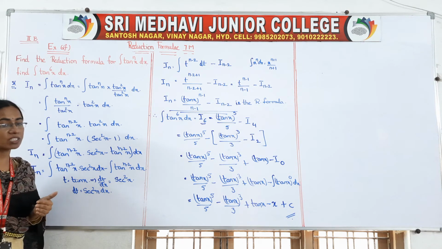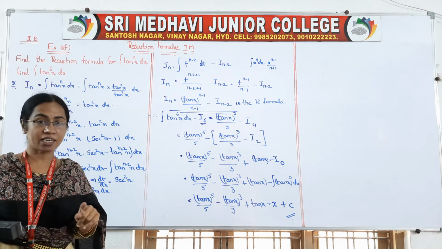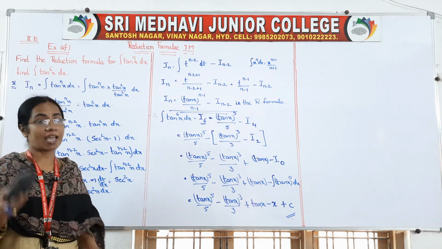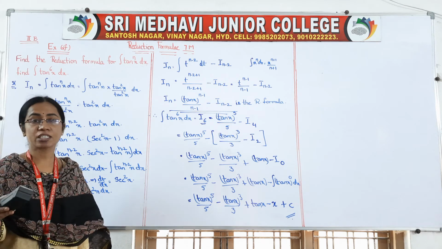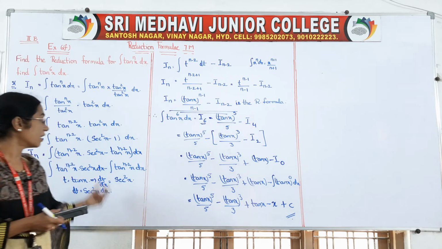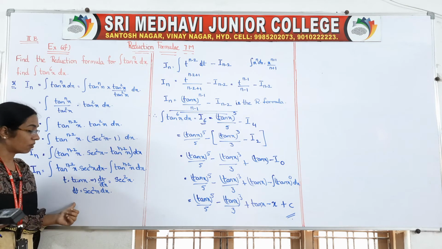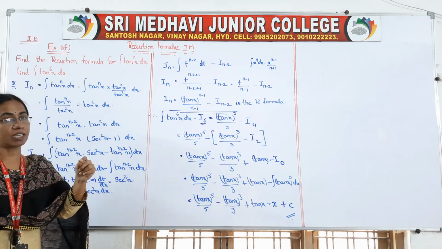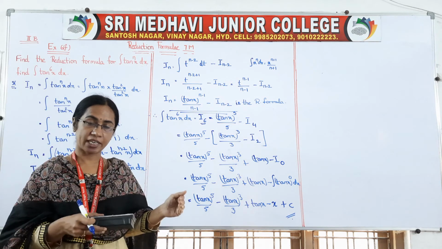So in the previous problem you have to remember, we multiplied and divided with sin x, but in this problem we multiply and divide with tan square x. Why? We can write tan square x as secant square x minus 1. Then after separating, by using substitution only we can solve this. And here, whenever the term has power n, we take I_n.